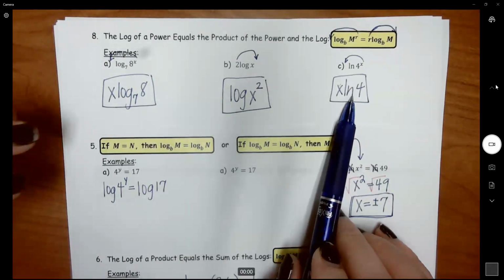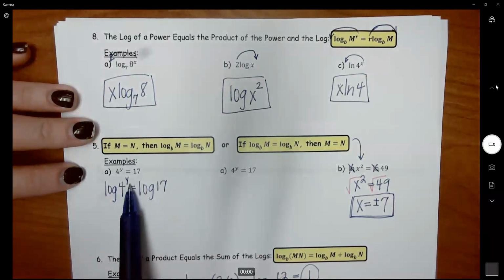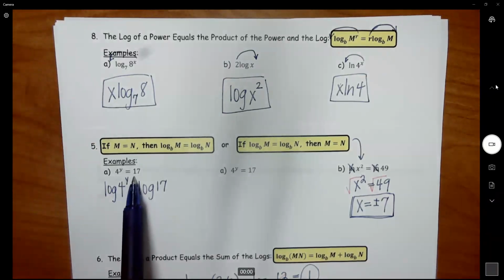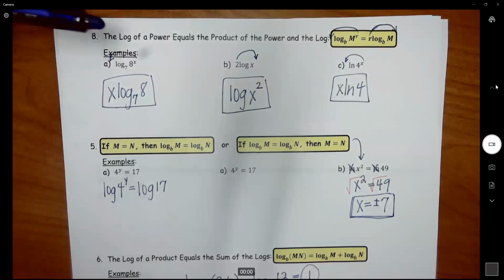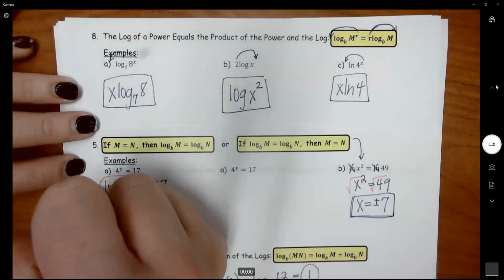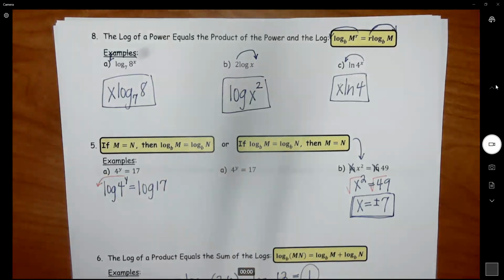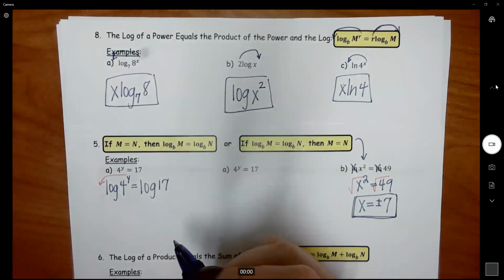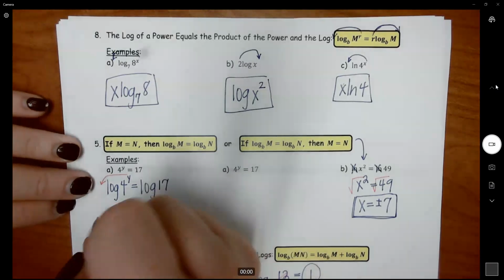Now this property comes into effect because I have no way of solving for a variable when it is in the exponent position. But what I can do is move this exponent over here in front and turn that into a factor.